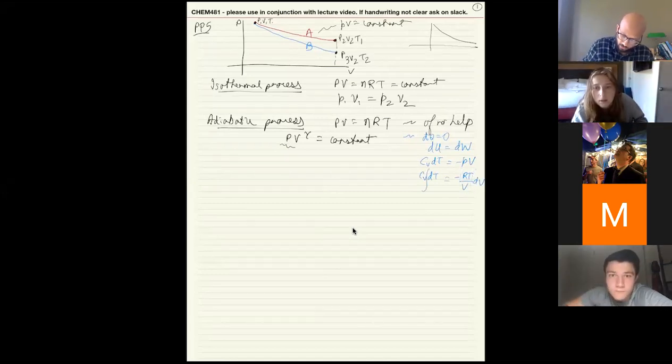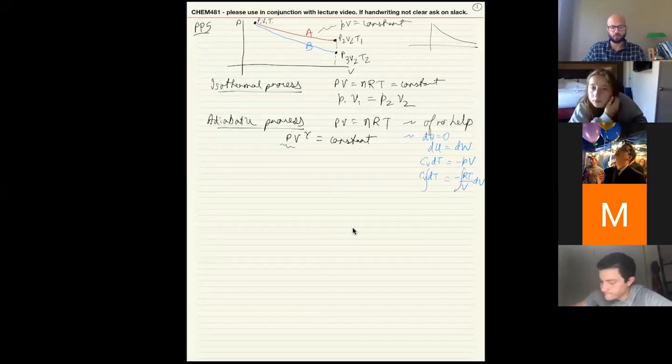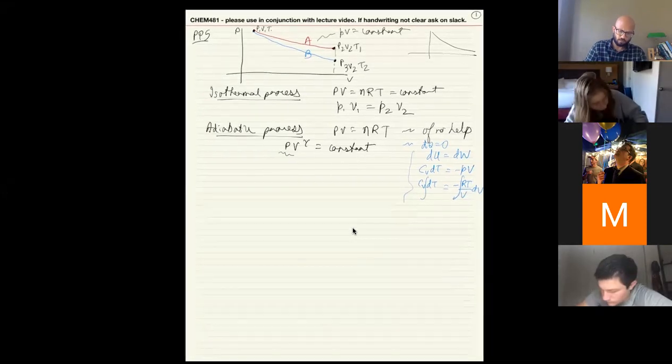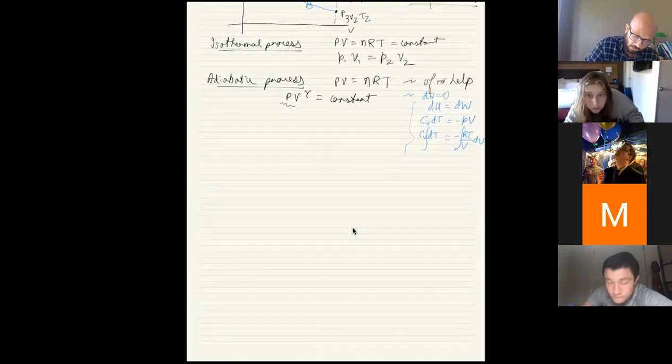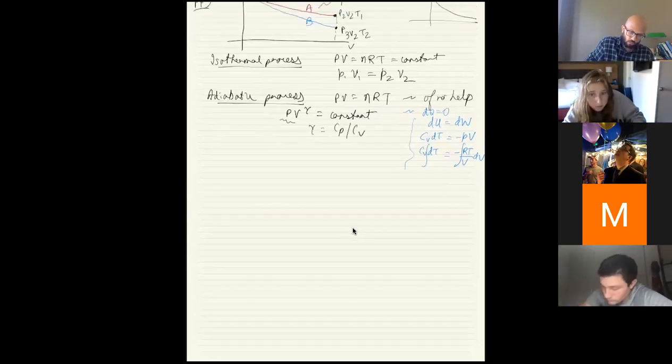So this operation for an adiabatic process is something which should be at the top of your head. You should be comfortable with this manipulation, and with this you can get a relation between V and T. But now you can introduce, instead of T, you can introduce P, and you get PV to the power gamma is equal to constant, where gamma is equal to Cp by Cv. So what does this mean?